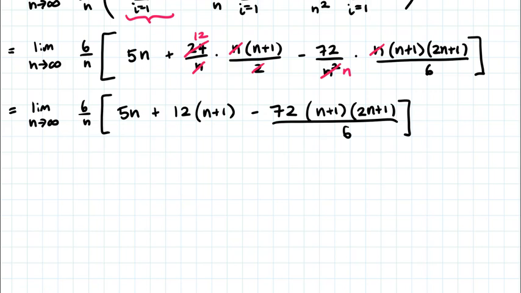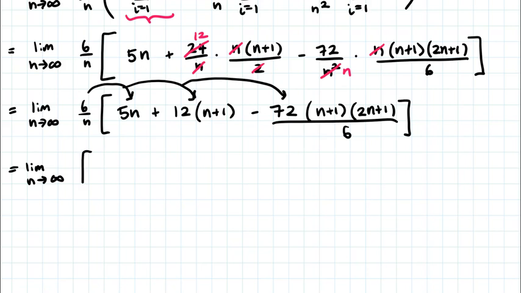All right, so now what I'm going to do is distribute this 6 over n into all of these. And so my first term would be 30 because the n's would divide out. 6 times 12 is 72.